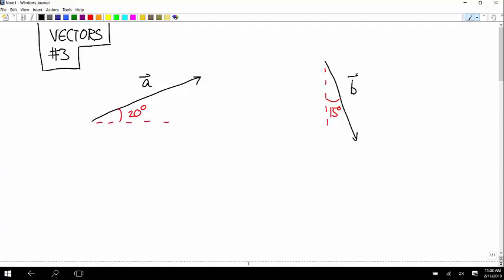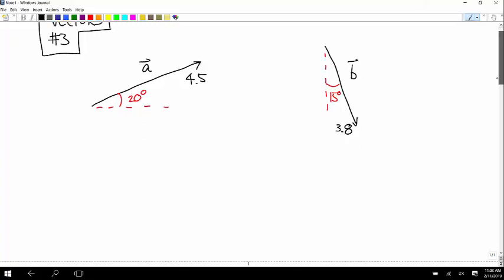The one on the left has a length of 4.5, and the one on the right has a length of 3.8. And the lettering starts at C. That shouldn't be.